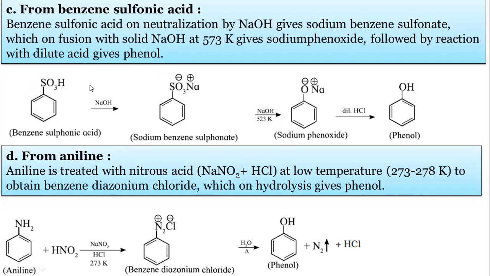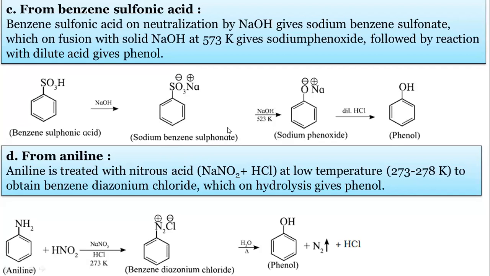So benzene sulfonic acid is an acid and NaOH is added. So the neutralized product is formed. Sodium benzene sulfonate, the salt, is prepared first. The name of the salt is sodium benzene sulfonate, SO3 minus and Na plus.